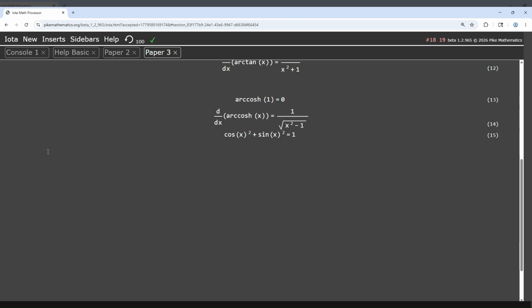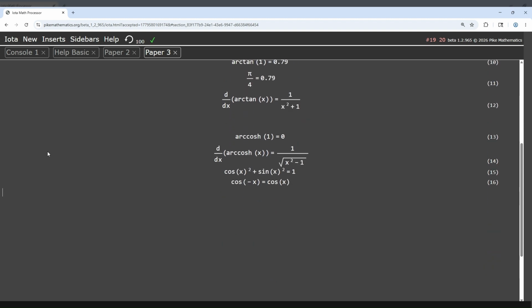What else? It knows that cosine is an even function. So the cosine of negative x is equal to the cosine of x. Okay. What else?